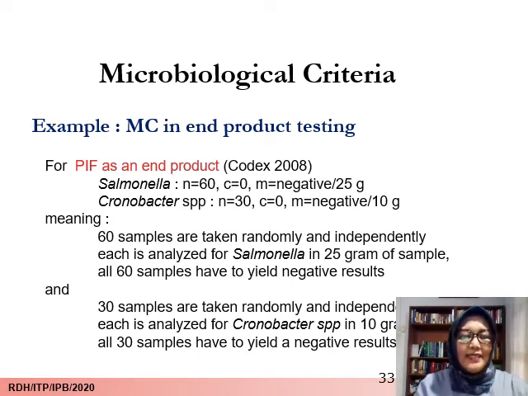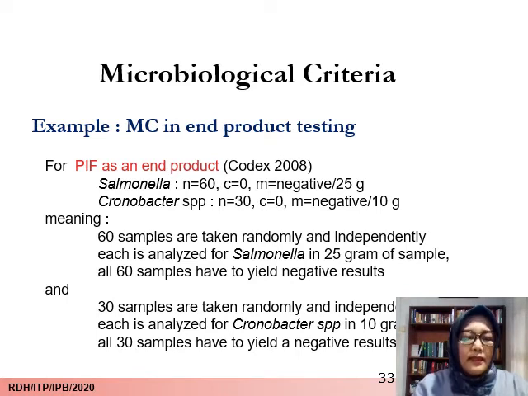And this is the last example for microbiological criteria in end product testing according to Codex 2008 for powder infant formula. It requires Salmonella with an n of 60, c of 0, and little m negative in 25 grams, while for Cronobacter spp, n is 30, c is 0, and little m is negative per 10 grams.